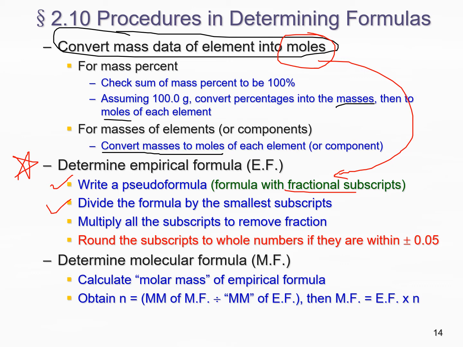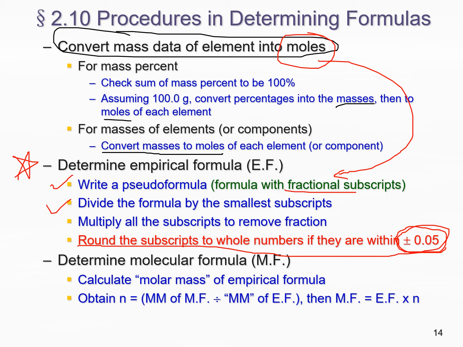So here comes the rounding rule. The rounding rule is very specific. We can only round up or round down the subscript, the fraction, to the whole number if it is within plus or minus 0.05.